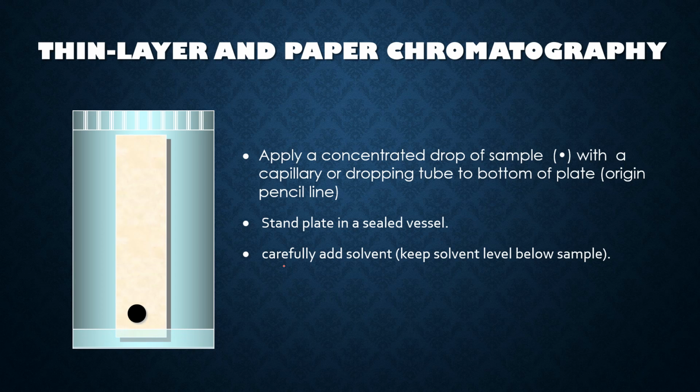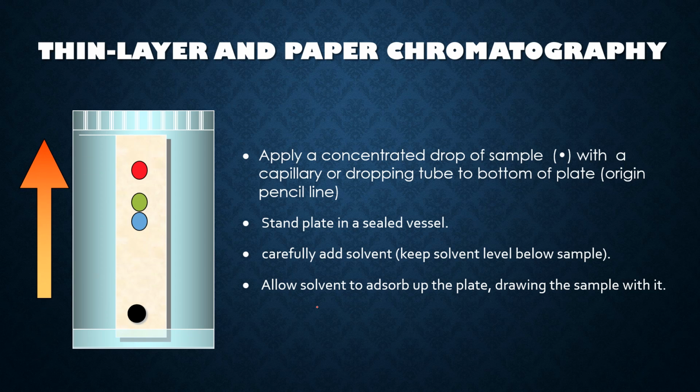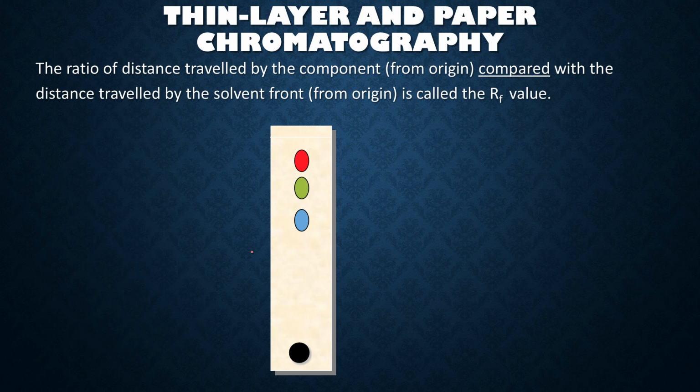It's very important that you add solvent below the level of the sample, because you don't want to dissolve your sample in the solvent. You do want to adsorb the solvent up through the chromatogram, because that will draw the sample with it, which will separate the components of the sample, as you can see here.